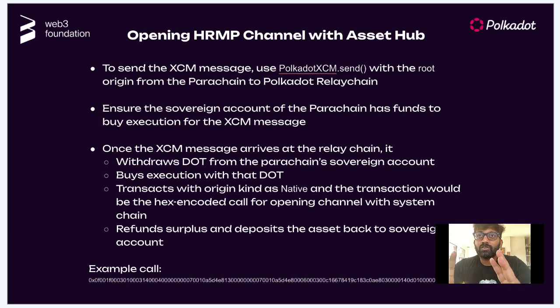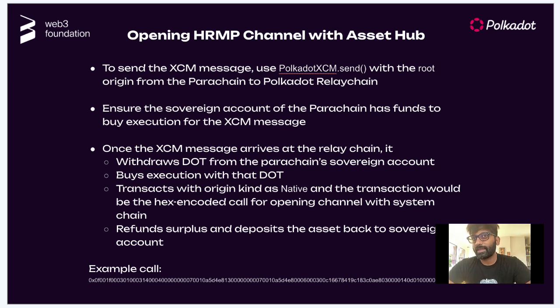All right, so once we send this XCM message to the Polkadot relay chain, the XCM execution looks like this. It withdraws DOT from the parachain sovereign account, buys execution with it, and transacts with the origin kind as native.